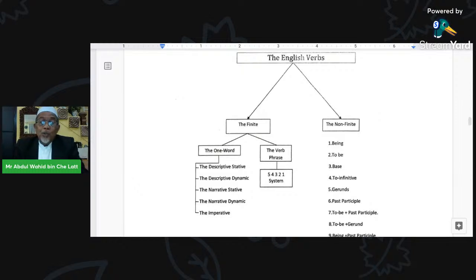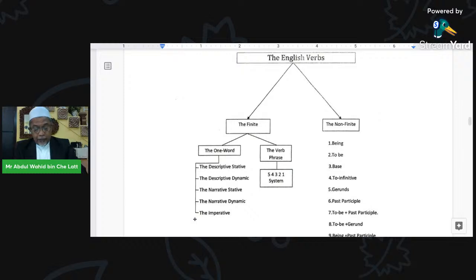For example, was, were, had. Next, a narrative dynamic, or traditionally called simple past dynamic. For example, ate for eat, saw for see, went for go. And the last one, the imperative, used in instruction.